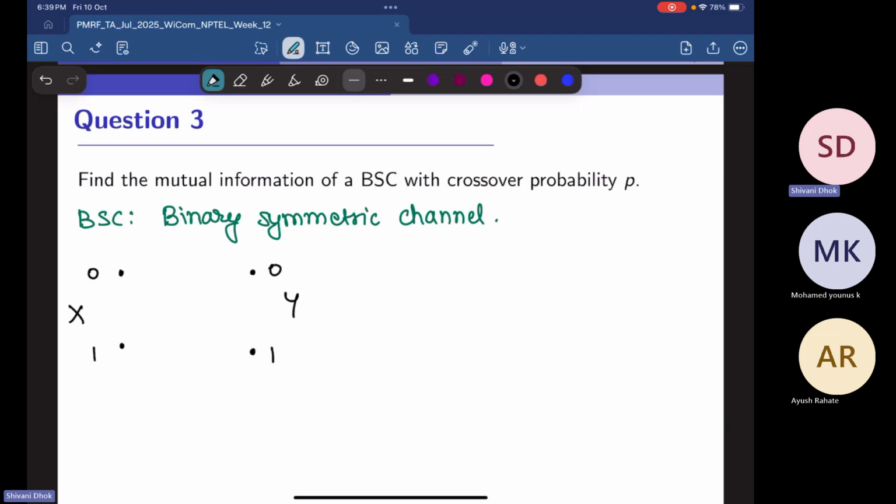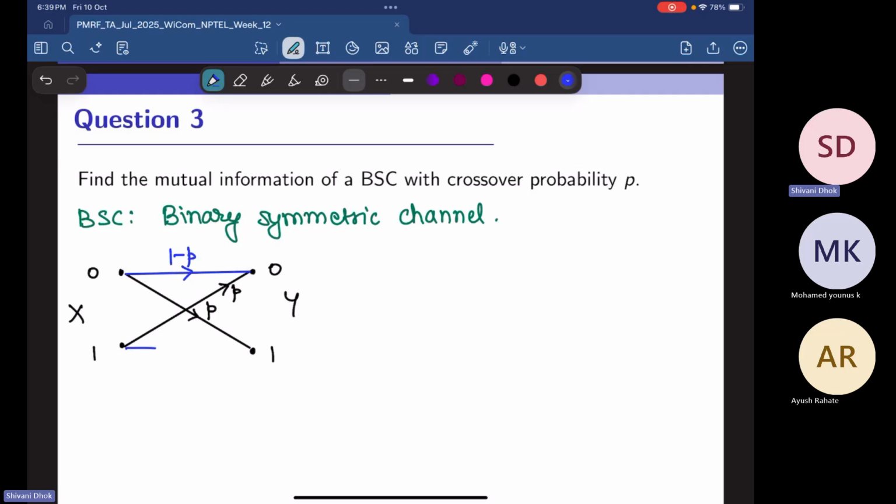Let's say the output is given by Y. This 0 can flip to 1, have a crossover to 1, with probability P, the crossover probability, and the 1 can flip to 0 with the same probability. That brings the symmetry. And this 0 can stay as 0 with probability 1 minus P, and similarly 1 will remain 1 with probability 1 minus P.